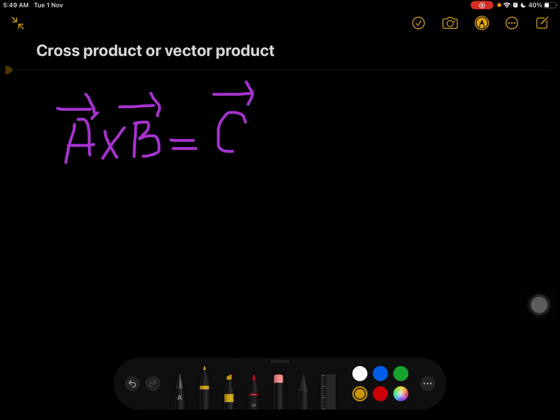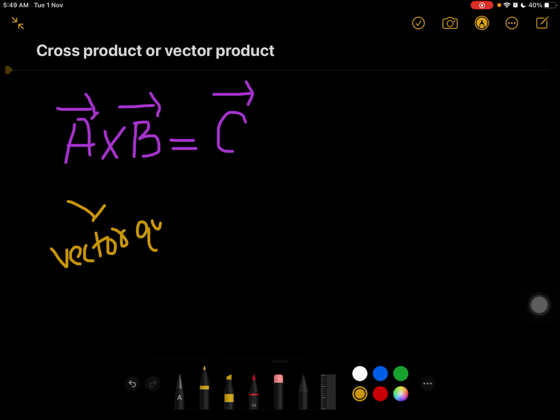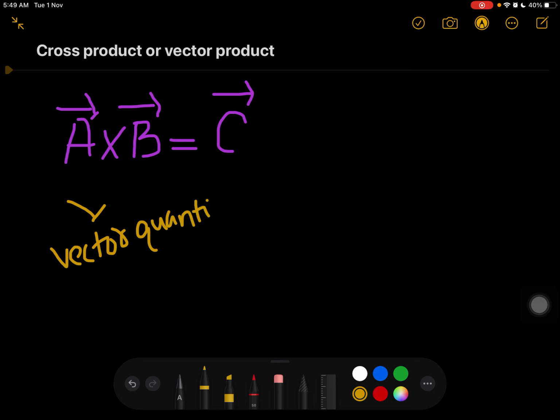It means that when two vector quantities, like I have shown here with the arrow, both of these are vectors, right? When these vector quantities are multiplied with each other, they will form a quantity which will also be a vector.